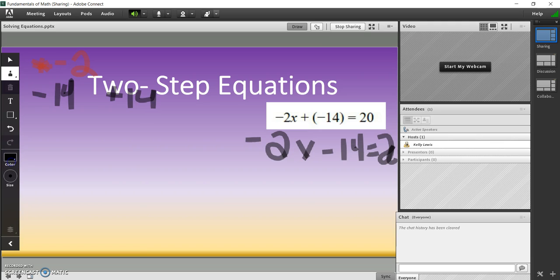And then that negative 2 is being multiplied, so eventually we're going to have to divide by that negative 2. Notice, on the multiplication and division, we didn't change the signs. Okay, and it looks like we changed the signs on the 14, but what we really did was we changed the operation. We did addition and subtraction.